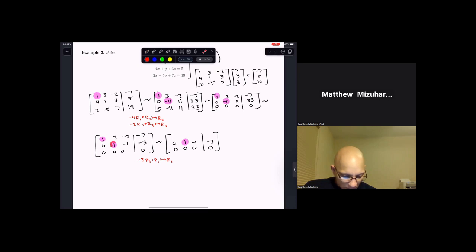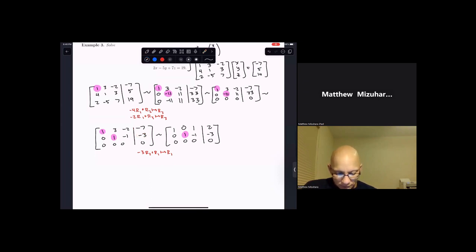The 0 doesn't affect the 1 above it, so that stays a 1. Then -3 plus 3 is 0. Then 3 minus 2 is 1. And then 9 minus 7 is 2.